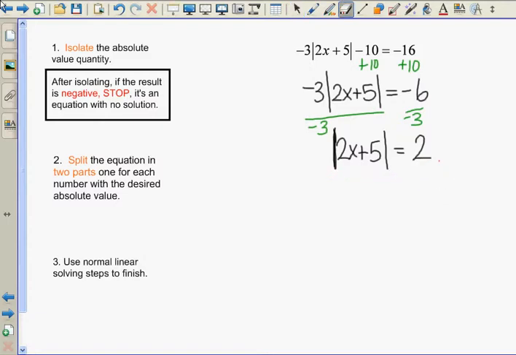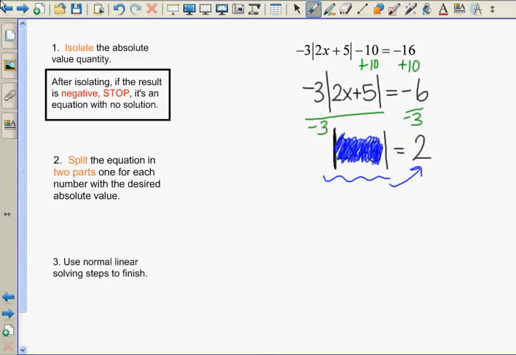So let's talk about this. In case you have forgotten, absolute value means distance from 0. So I'm just going to cover this up for a minute so we can think. Suppose there's something with an absolute value, and the answer is 2 when you take its absolute value.